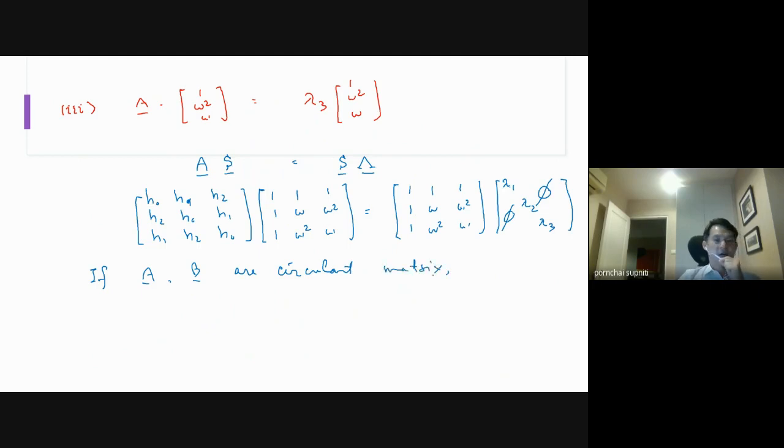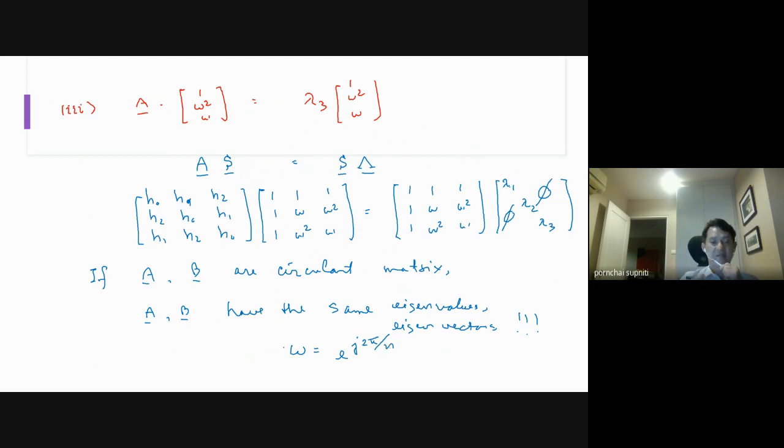we will find that both A and B have the same eigenvalues and also the same eigenvectors, where we let omega be e to the j 2 pi over whatever dimension we are looking at.